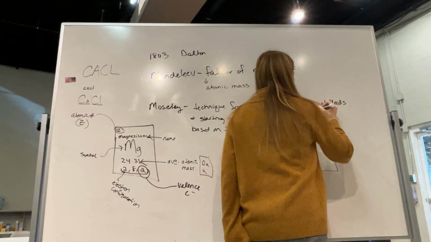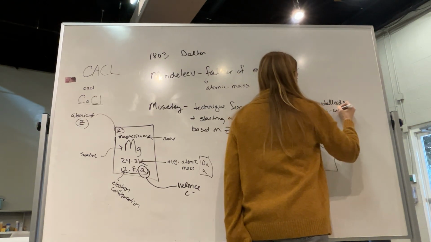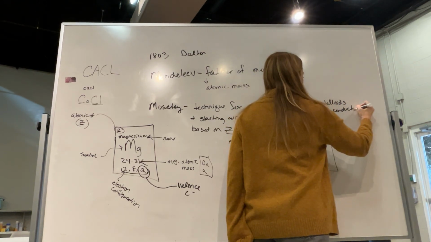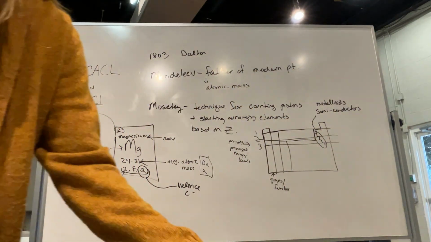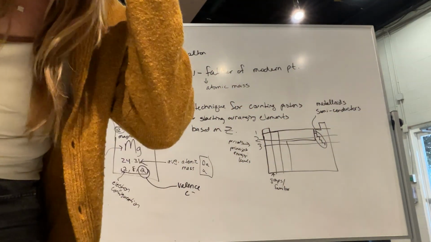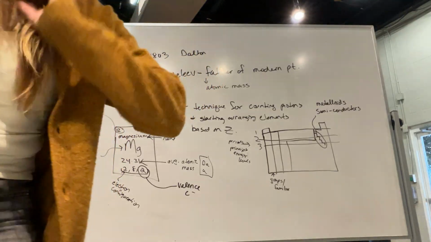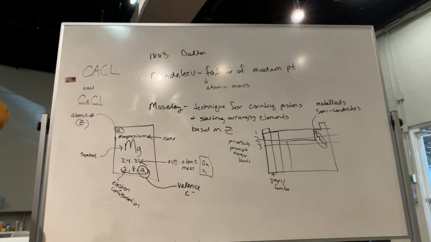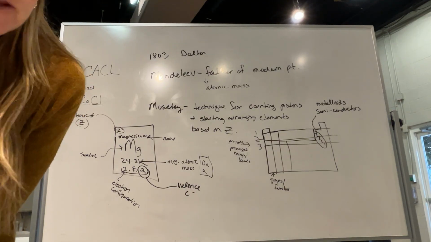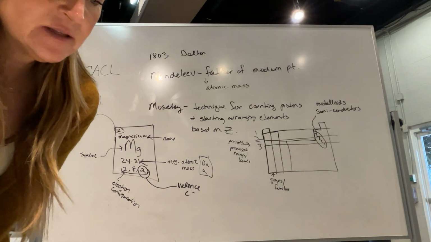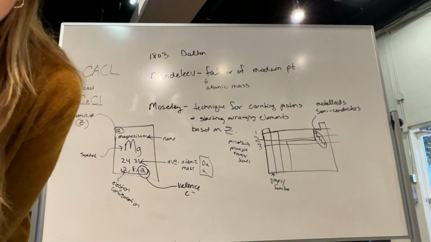They're called the metalloids or semiconductors. Metalloids are semiconductors. If you look on pages 122 and 123, it would include basically all of those along that stair step, the ones to the right and to the left.